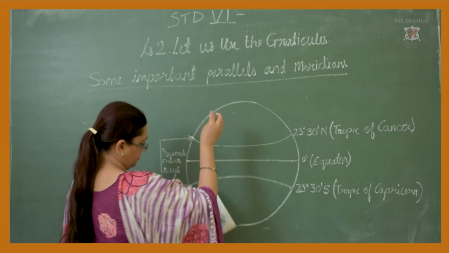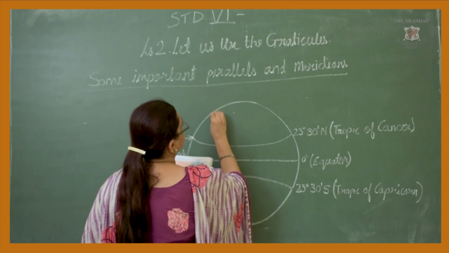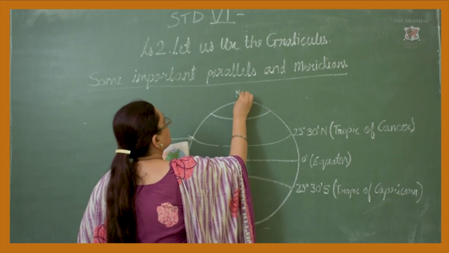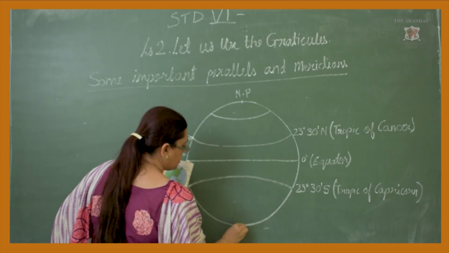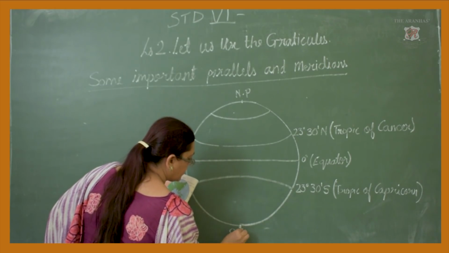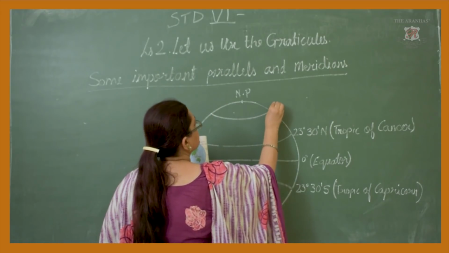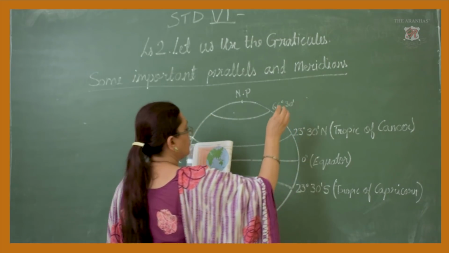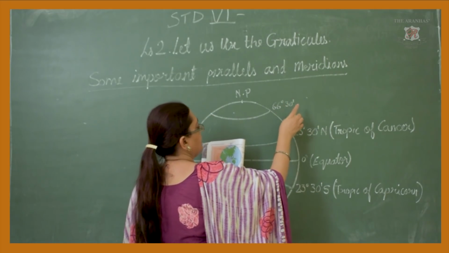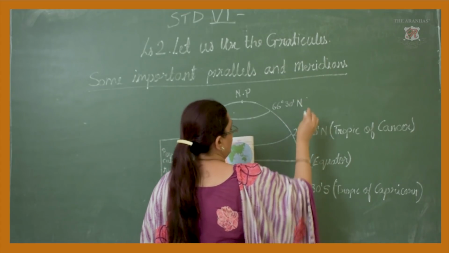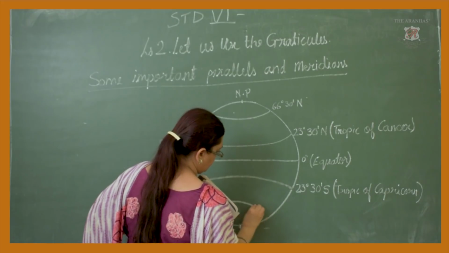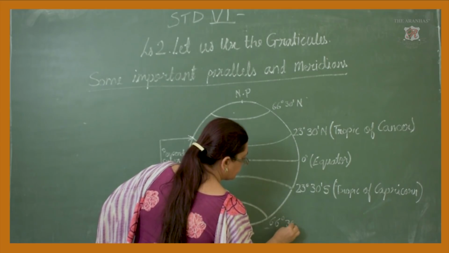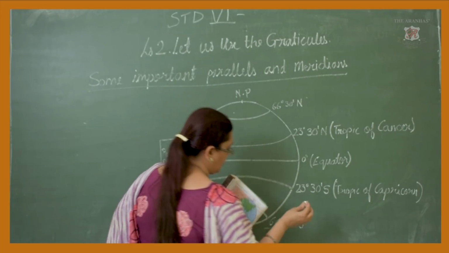This is the North Pole and this is the South Pole. This one at 66 degrees 30 minutes is also called 66 and a half degrees north. And this is 66 and a half degrees south.